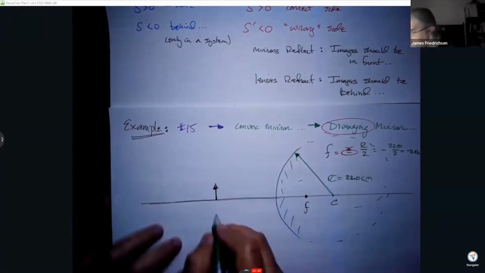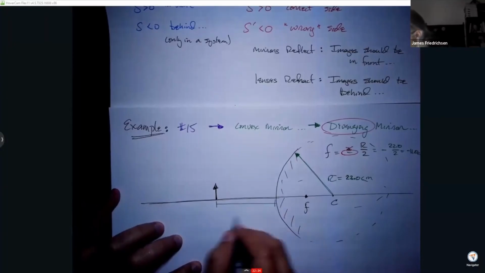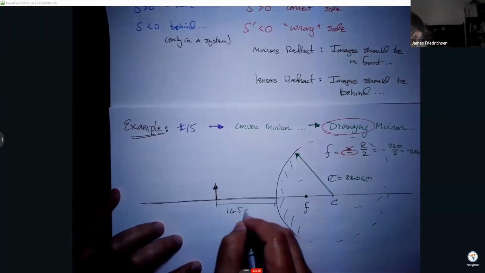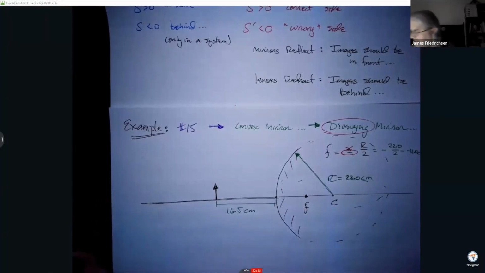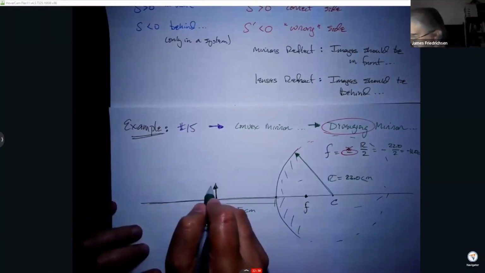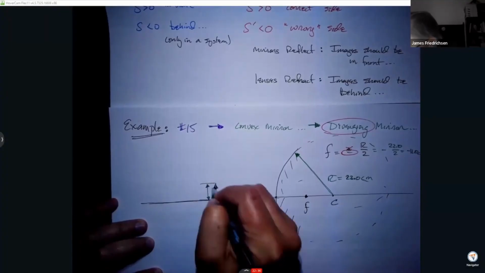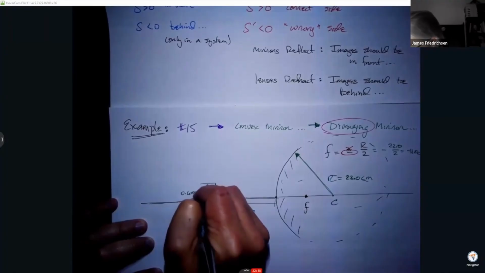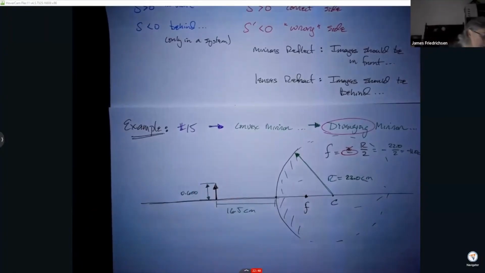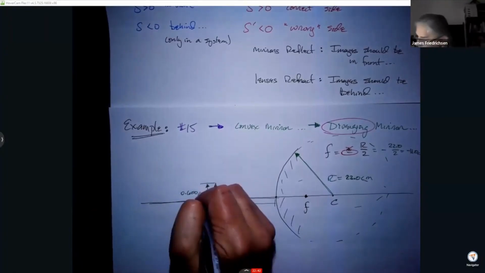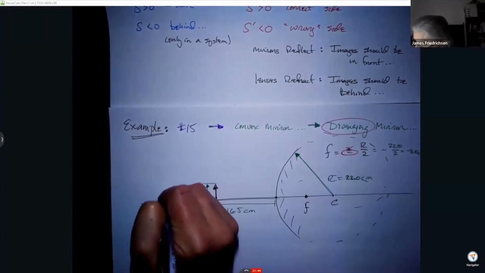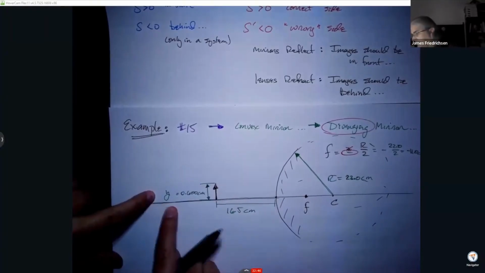And it said that the object was 16.5 centimeters from the vertex. So that's our vertex. And it says that the object was 0.6 centimeters tall. So this is our object height.